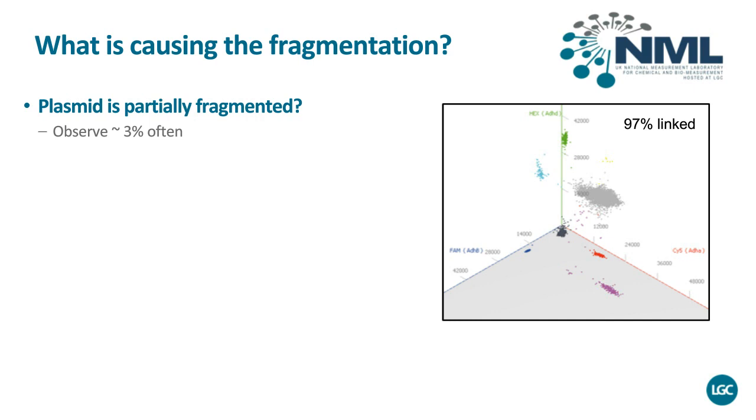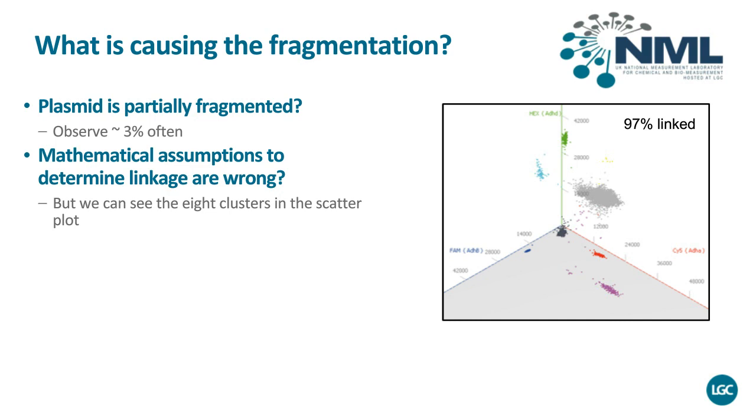Maybe the mathematical assumptions are wrong. The maths I've used to determine the linkage, maybe it's wrong. Except because we've got digital PCR, we can see those droplets. We can see those clusters and those partitions. So we know that there is some separation. And then, of course, there's molecular dropout. As we get more and more complex with more and more assays in there, perhaps there's more interactions between the different assays.